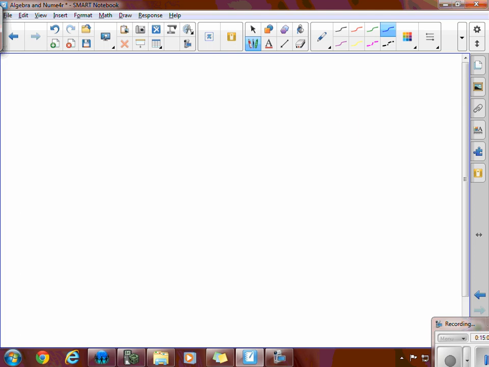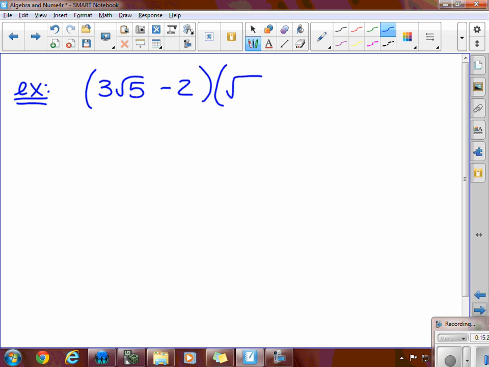No, don't do it. Here we go. Same thing. It's going to say multiply and simplify, but this is what we got. 3 times the root of 5 minus 2 times the root of 5 plus 4 root 2. So what's different with this as opposed to the other examples we just were doing?